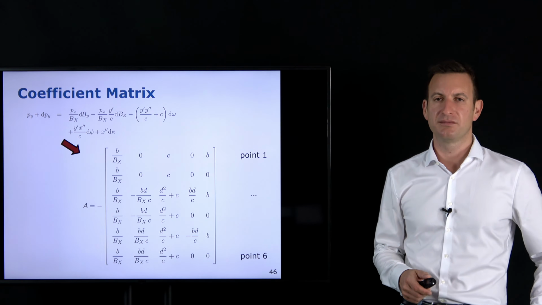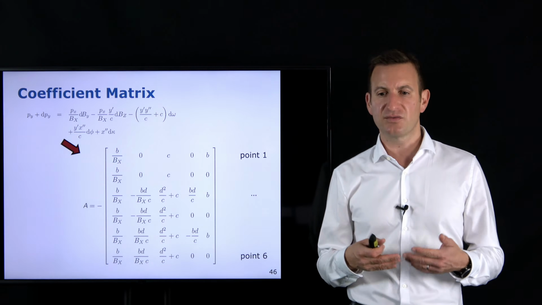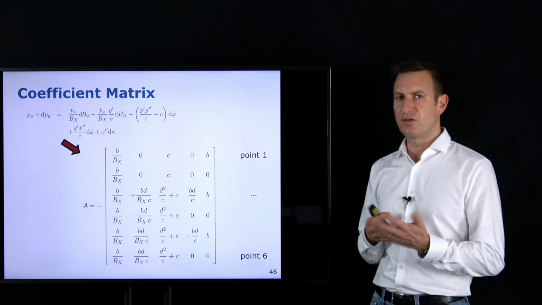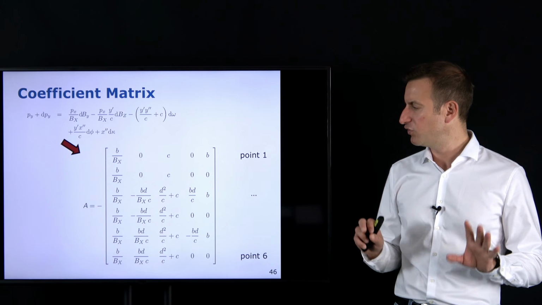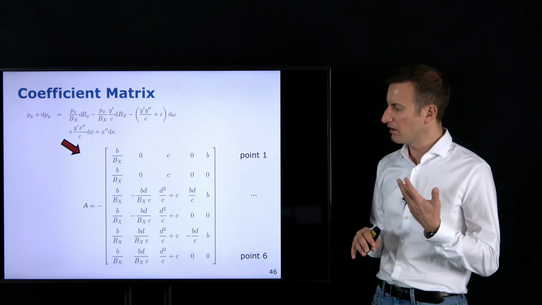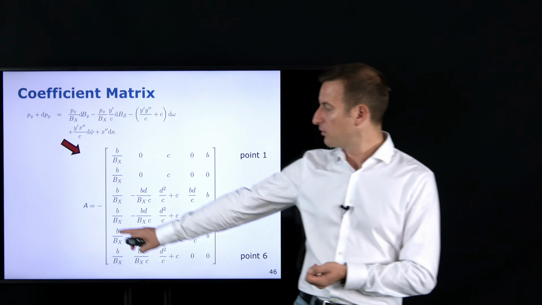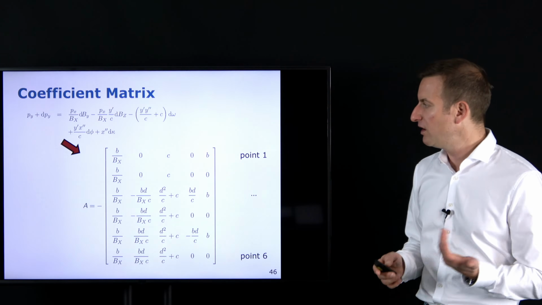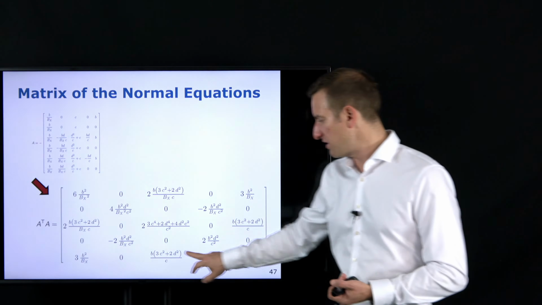The next thing I need to do is compute the matrix A transpose A, assuming that all the weights are equal, so it's just a constant factor. We assume a weight of 1 in here, so I have a standard deviation of 1 for all the points that I'm measuring. If I now compute A transposed times A, something you may not want to do by hand anymore, you will end up with this matrix over here.